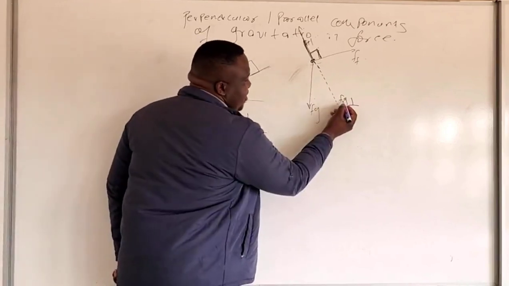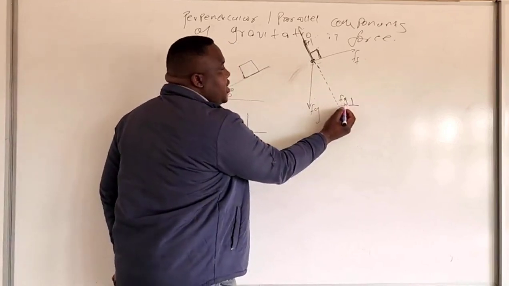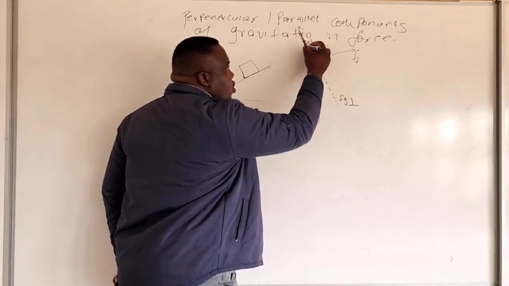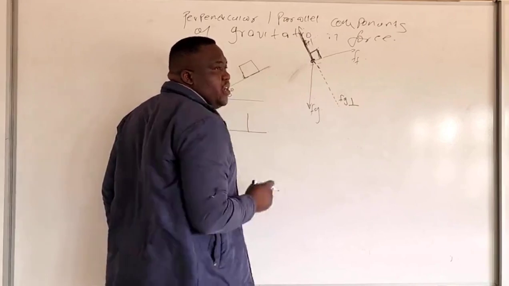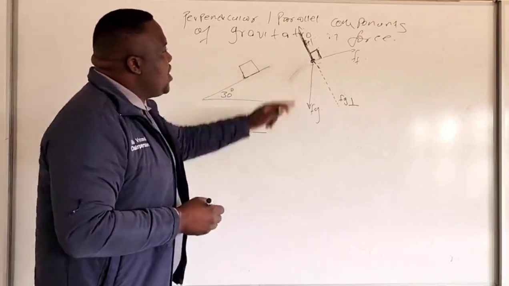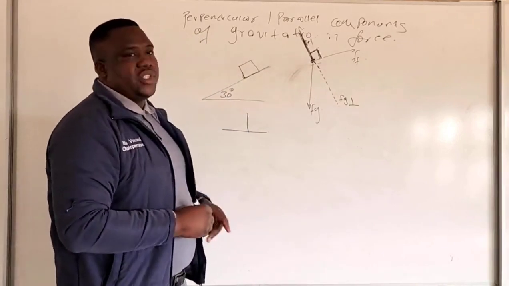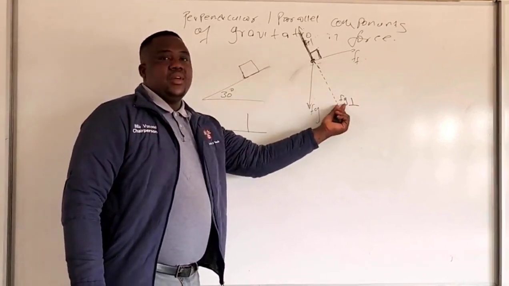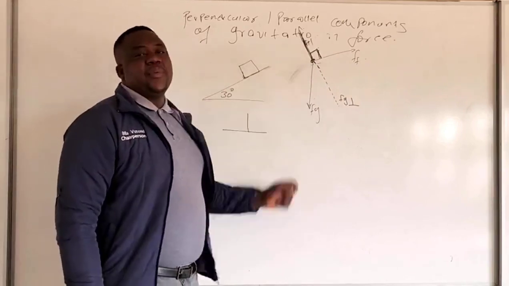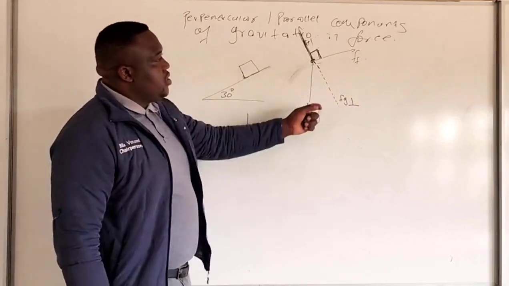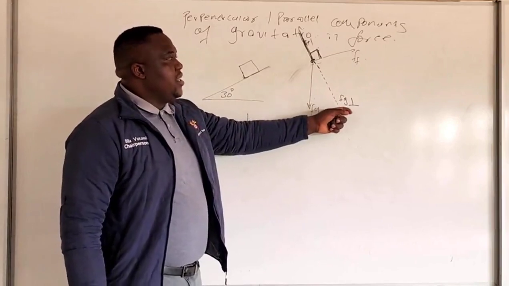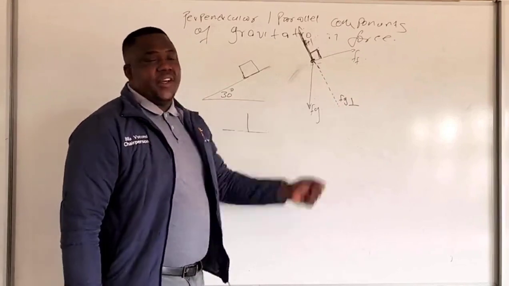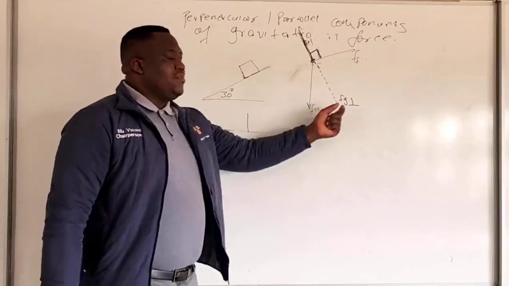Why are we calling it Fg perpendicular? You can see that it is continuous with the normal force, and the normal force is perpendicular to the surface. It means that even this Fg perpendicular will be perpendicular to the surface. That is the first component of the gravitational force.